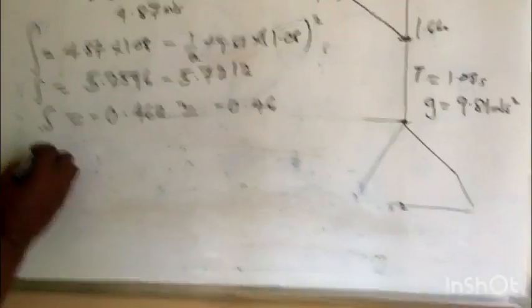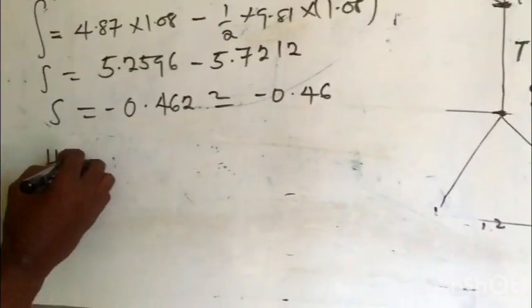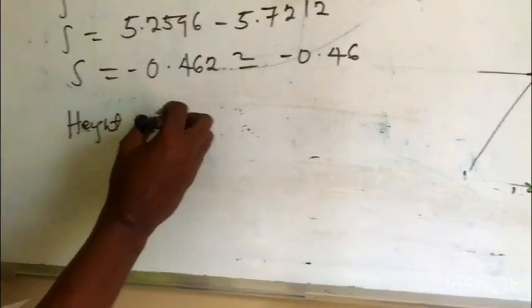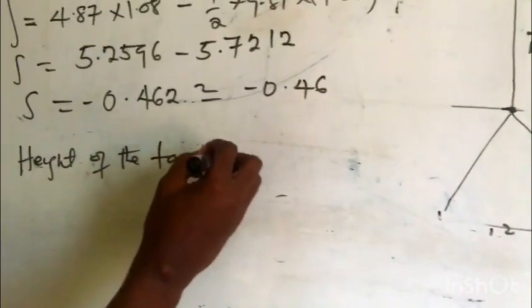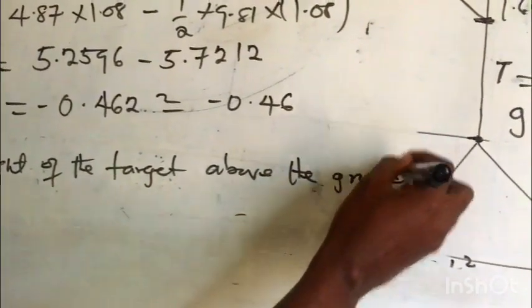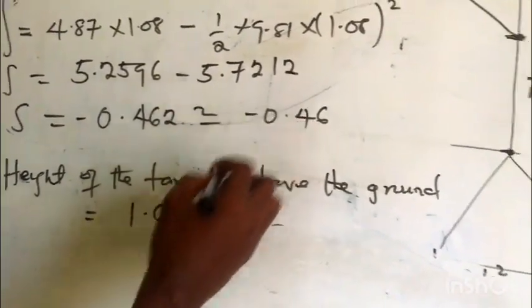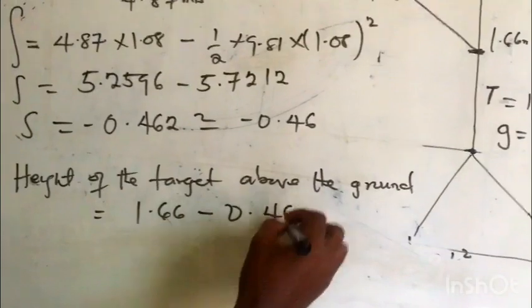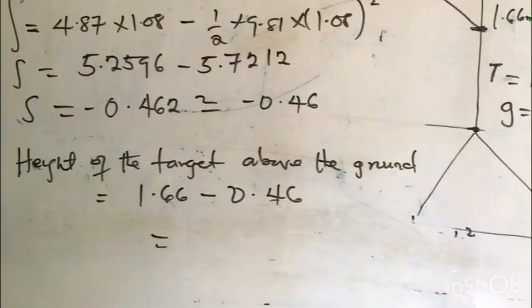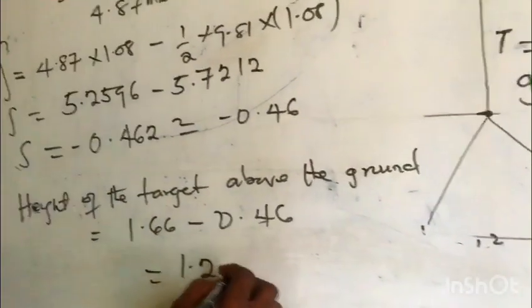The height above the ground, the height of the target above the ground, will now be 1.66 minus 0.46, and that will give us 1.2 meters.